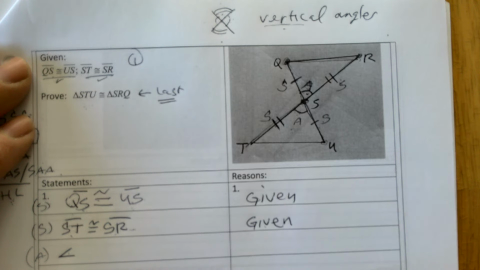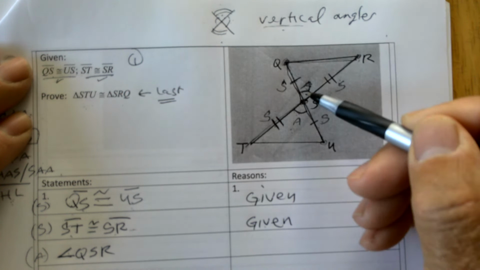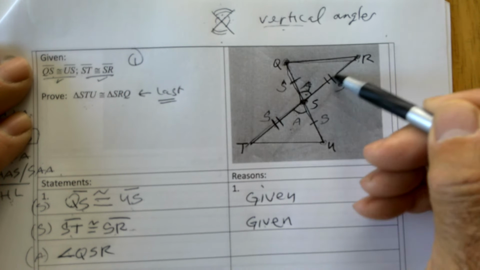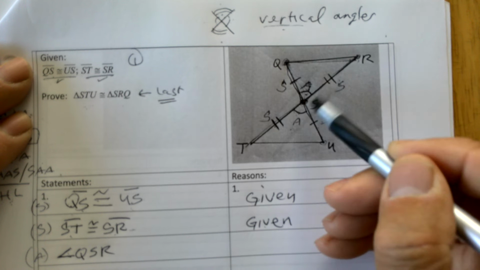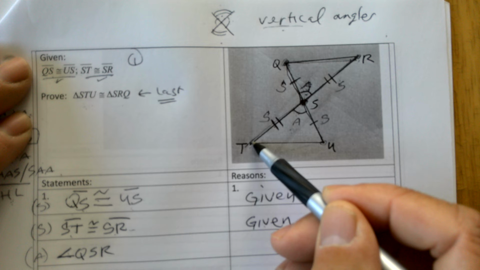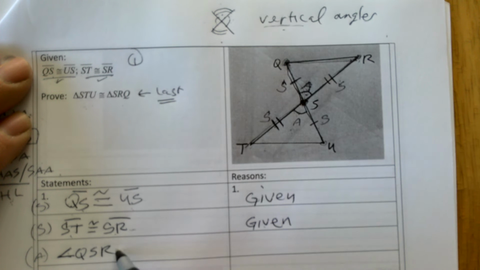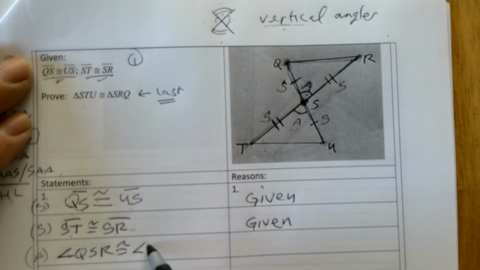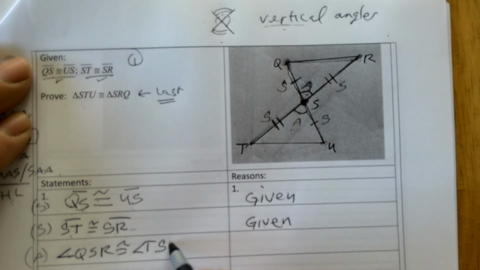You use the angle symbol. So just like that, angle QSR. Notice that's the angle that goes there. S is in the middle, which is where the bend is, the vertex. So QSR. The other side will also have an S in the middle, but it doesn't start at Q, it starts at T or U. So that's going to be congruent to angle TSU.